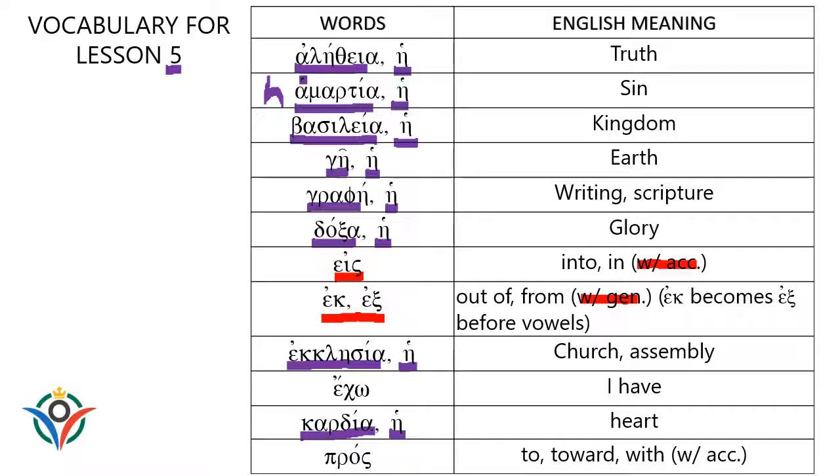And just a note there, ek becomes ex before vowels. That's why you have two forms of that preposition. Then we have echo, which means I have. And then our final preposition for this lesson is pros, which means to, toward, with. And it takes its object in the accusative case.